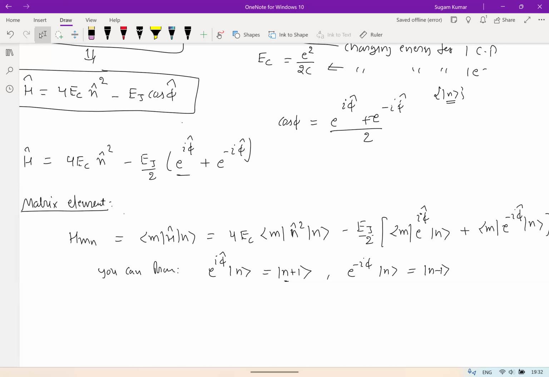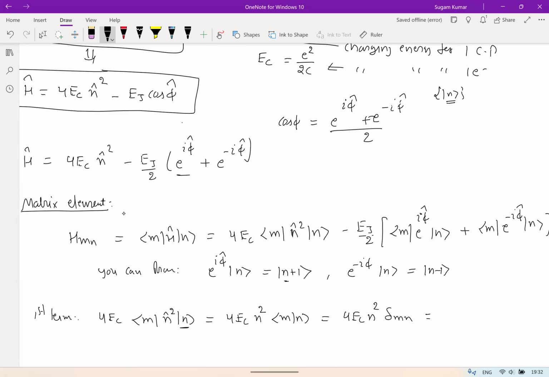Now you can see the first term. What is this first term? 4 times EC, M N square N. Since N is the eigenstate of N square, this simply becomes N square, M N. And this is nothing but 4 times EC N square delta MN, the delta function.